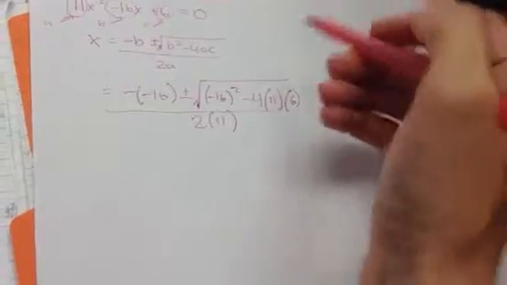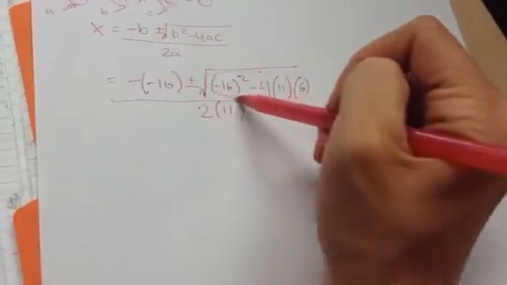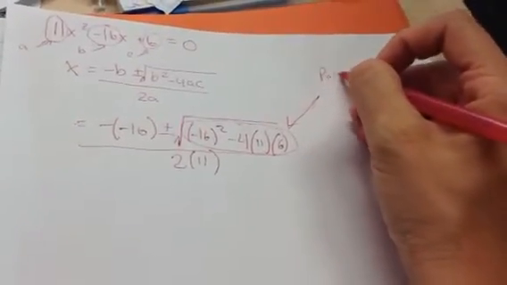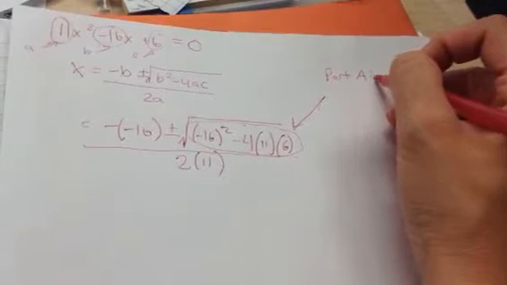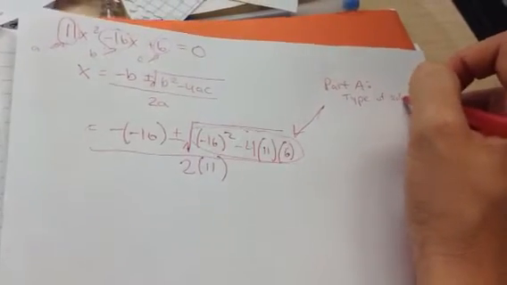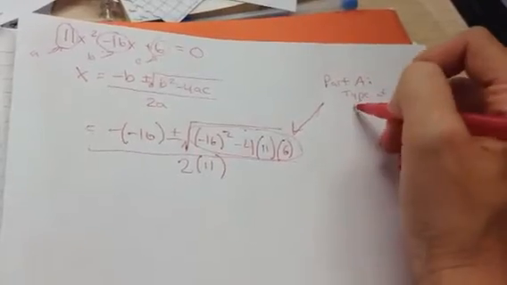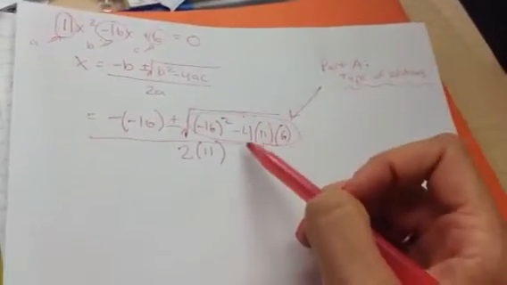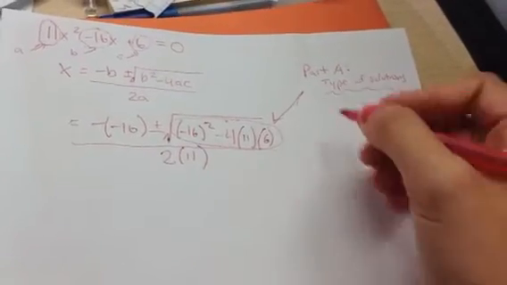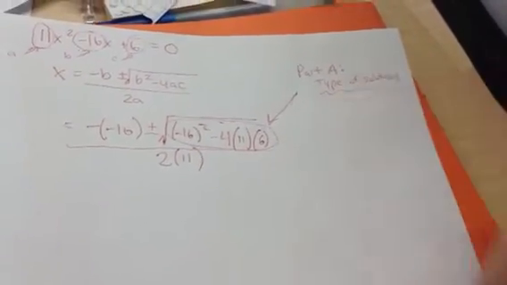Okay, so if I'm talking about part A, all I care about is the discriminant, the type of solutions. So, negative 16 times negative 16. Let's see what that is going to be.